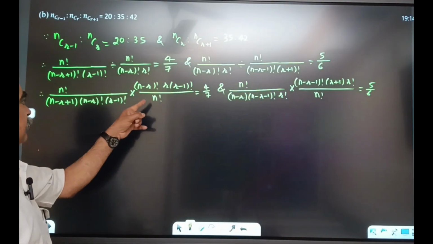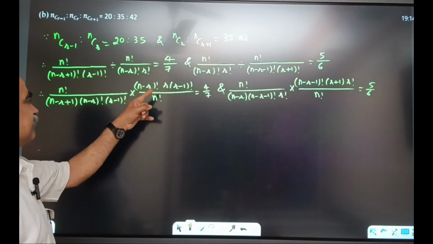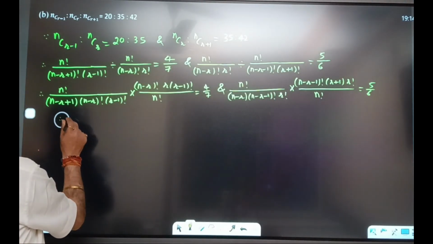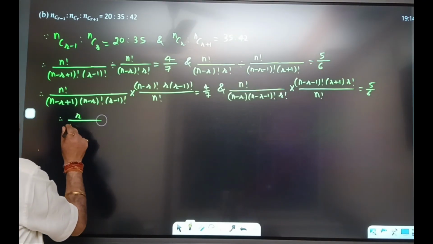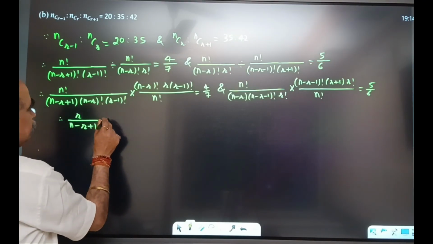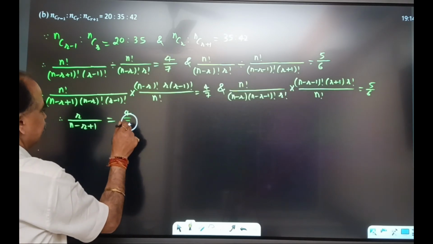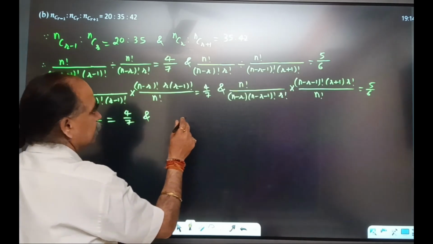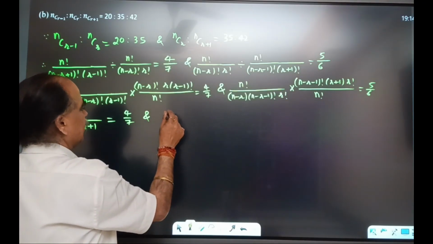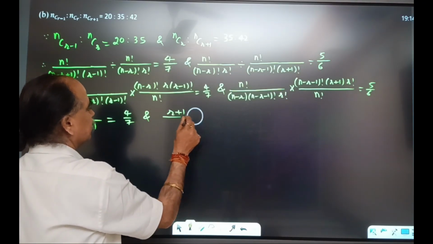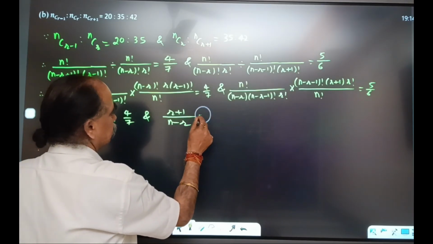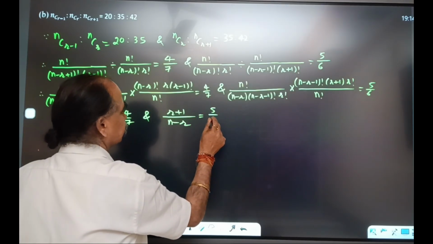Now n factorial cancels, (n minus r) factorial cancels, (r minus 1) factorial cancels. In the numerator r is left, in the denominator n minus r plus 1, equal to 4 by 7. And here n factorial cancels, so numerator r plus 1 is left upon n minus r, equal to 5 by 6.